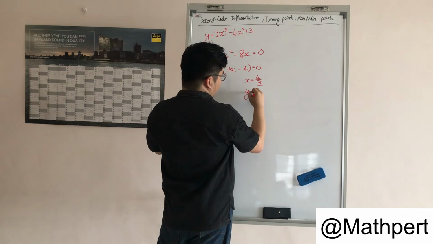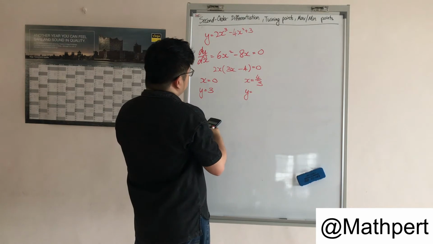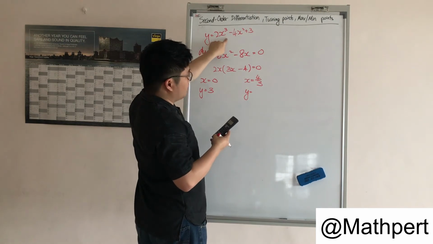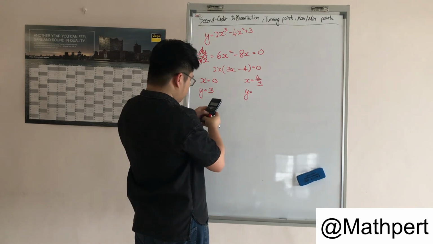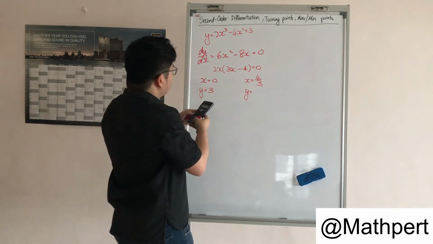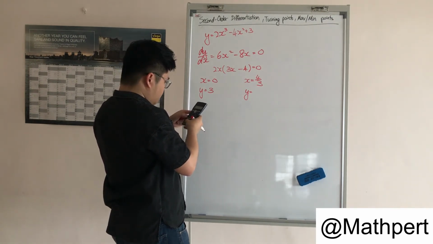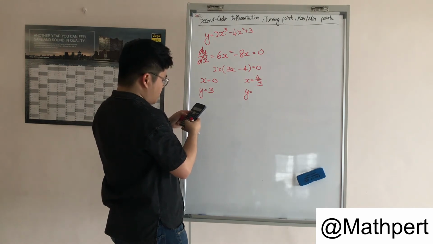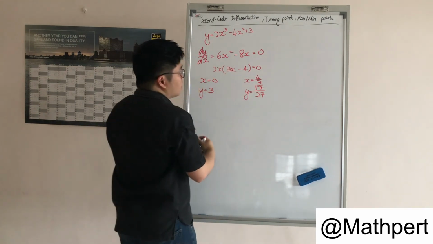And for x equals to 4 over 3, y is 2x cubed, substitute 4 over 3 inside, minus 4x squared, plus 3. And this will be 17 over 27.